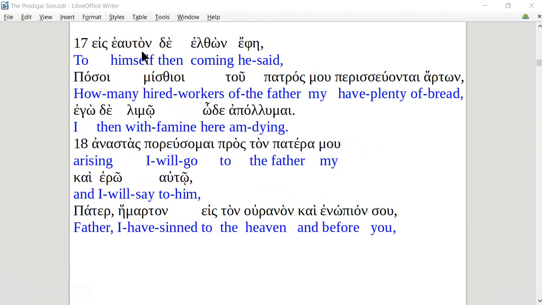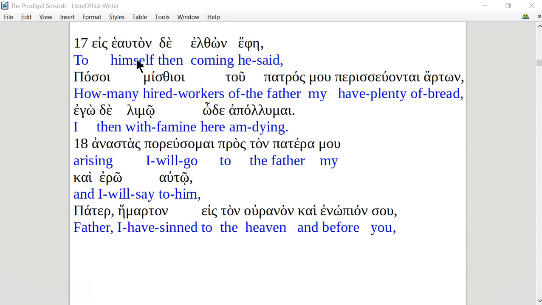Eis heauton de elthon, to himself then coming, he said. So how might we say this in English? Taking stock of himself, what's another way to say it in English? Coming to his senses is probably the way I would say it in my dialect of English.